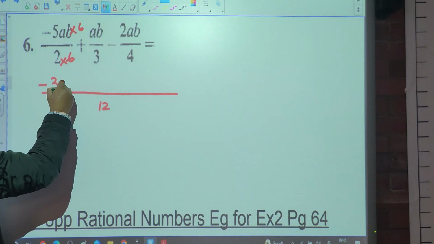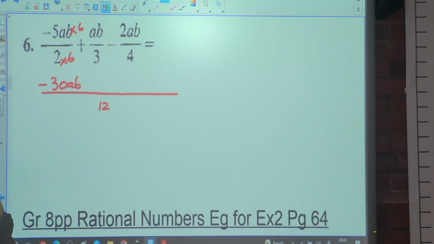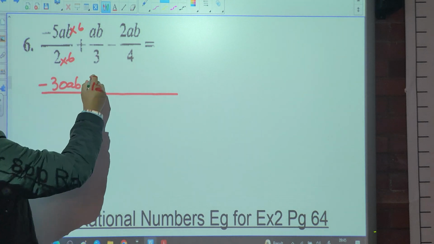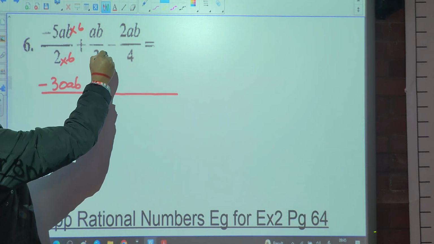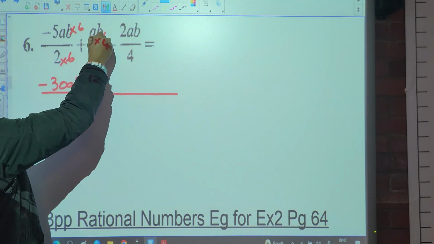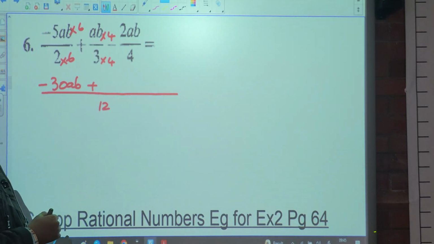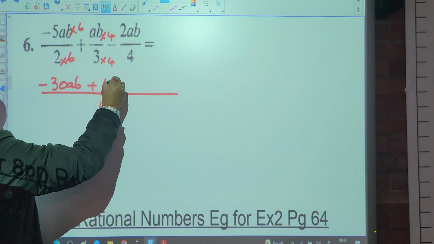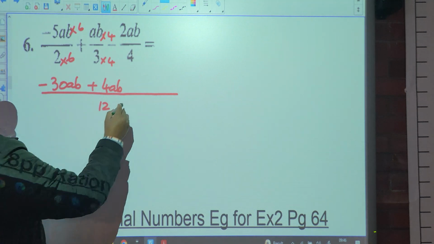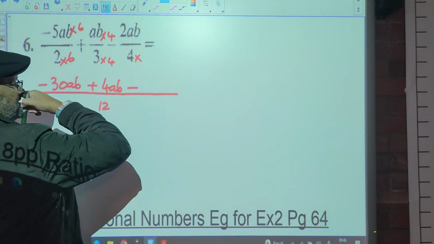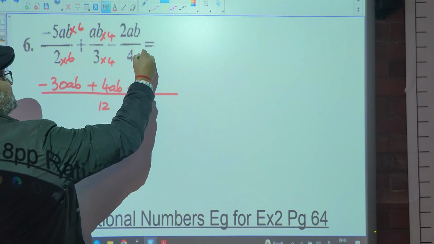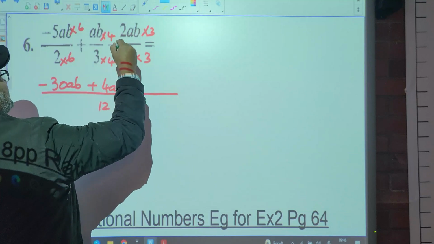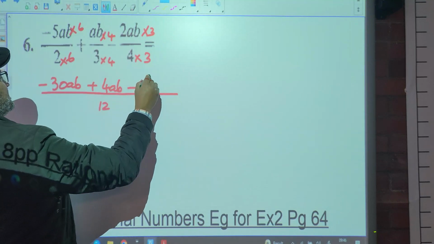Negative 30ab. Plus, 3 multiplied by what is 12? 4. ab times 4 is 4ab. Minus, 4 multiplied by what is 12? 3. So 2ab times 3.